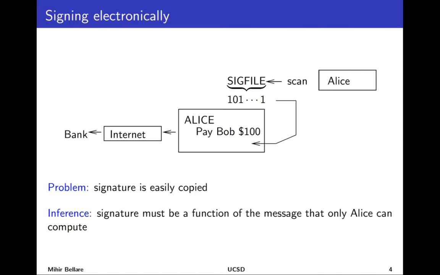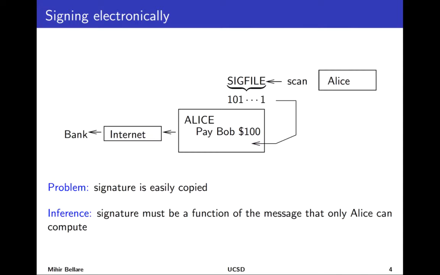And once they have it, they can attach it to anything else and forge Alice's signatures at will. This is not so easy with a handwritten signature, because if you are yourself going to be handwriting, you have to kind of copy Alice's signature. And the presumed difficulty of doing that is what underlies the security of handwritten signatures in the real world.